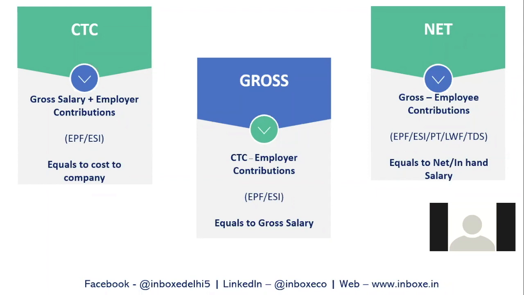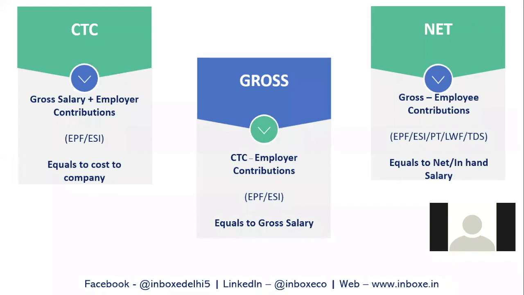As I mentioned earlier, our CTC is a combination of both employee contribution and employer contribution. The employer is giving contribution of PF and ESIC. There are some percentages there which we'll discuss later.